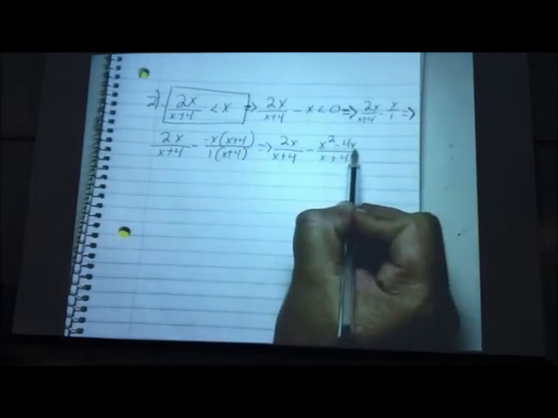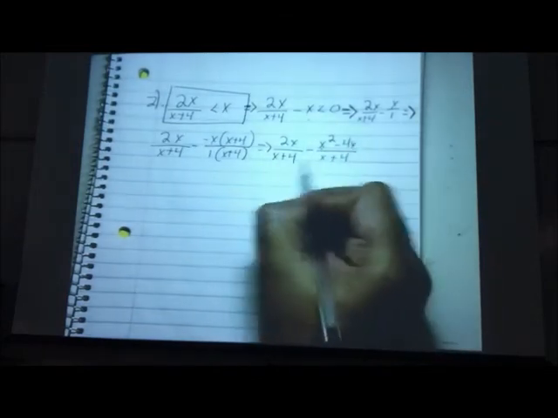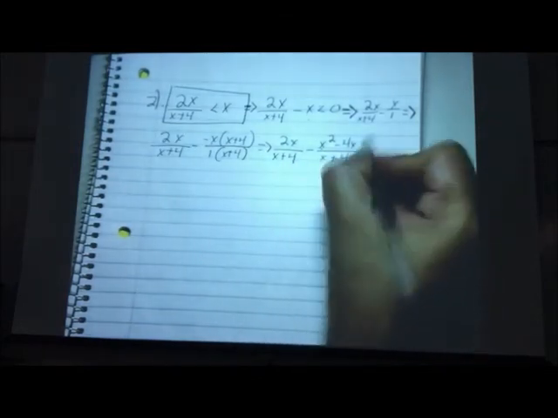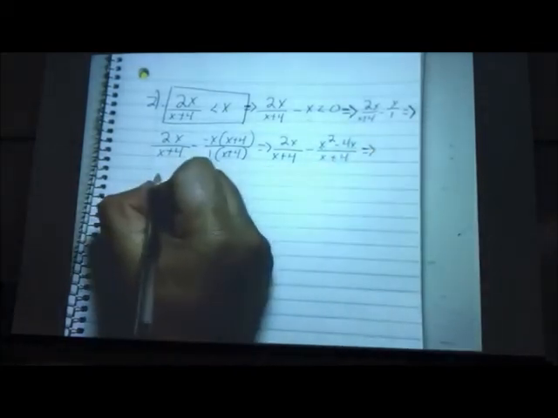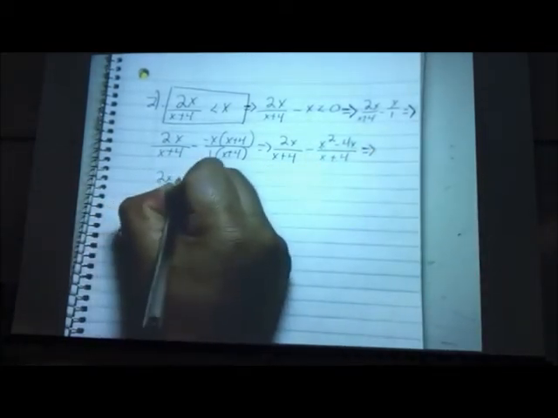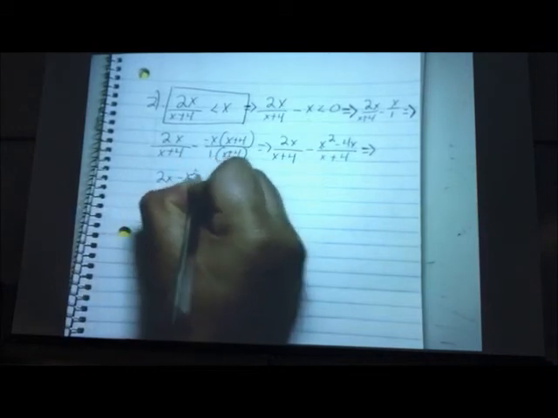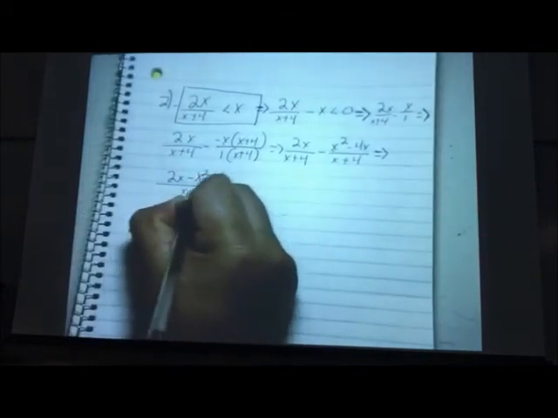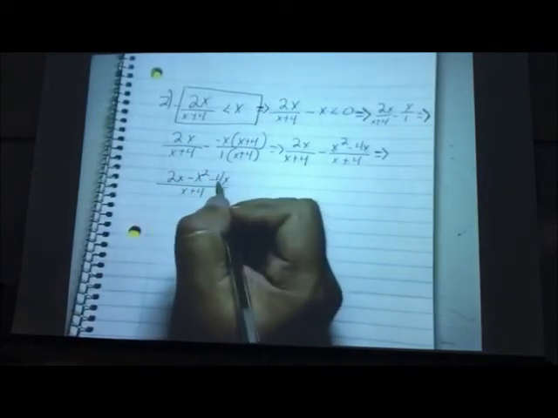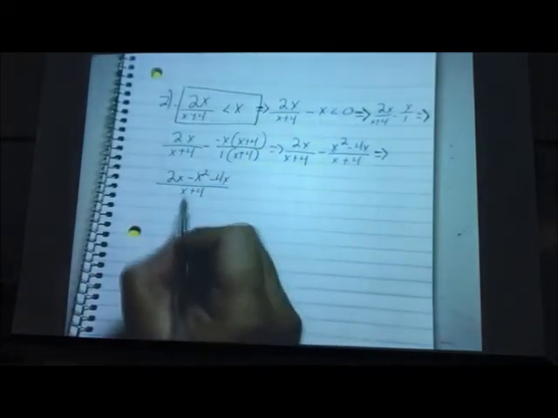We're good? Now these both have the same denominator, right? So I can combine them. It's going to turn into 2x minus x squared minus 4x all over x plus 4. We're good?